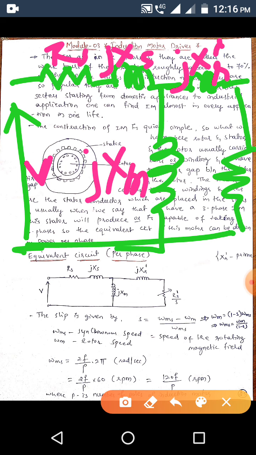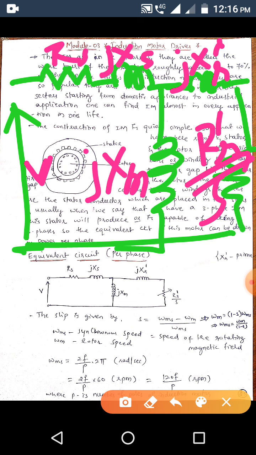Similarly, this is the variable rotor resistance, so R dash or R prime divided by S, the slip here.